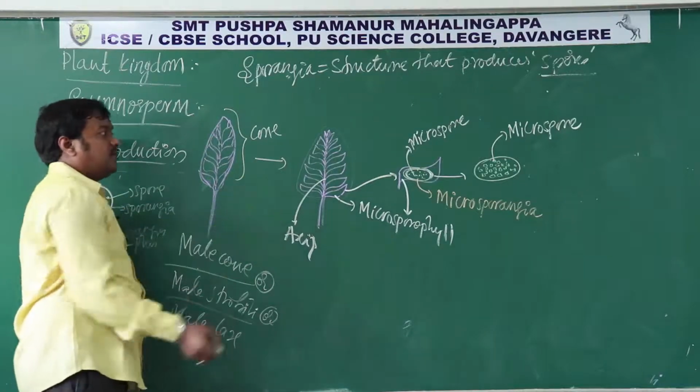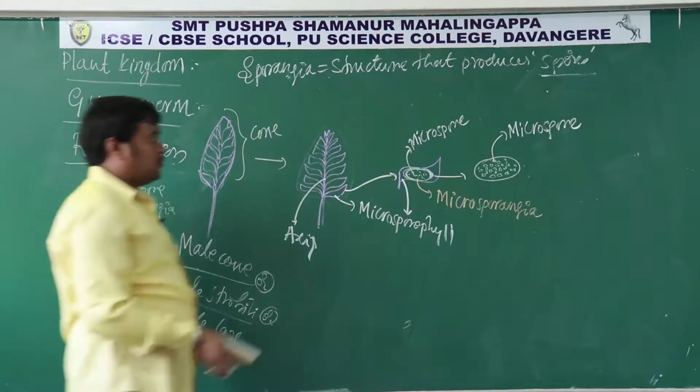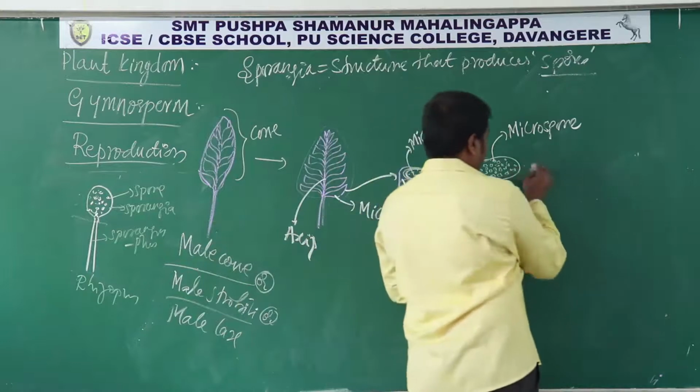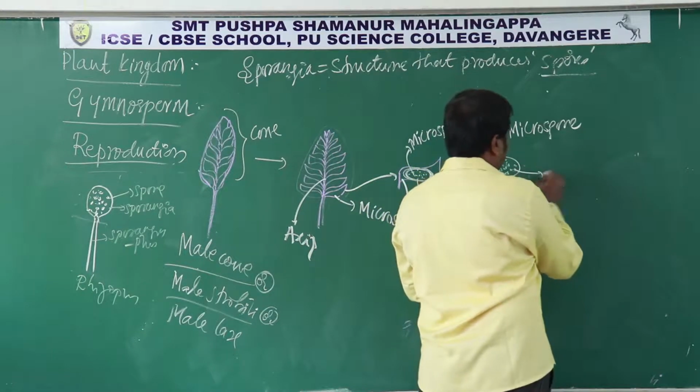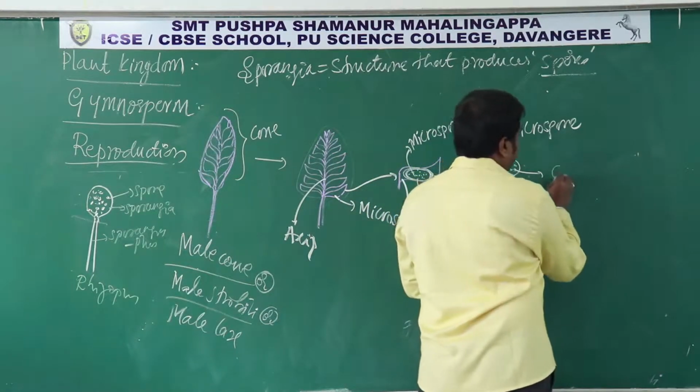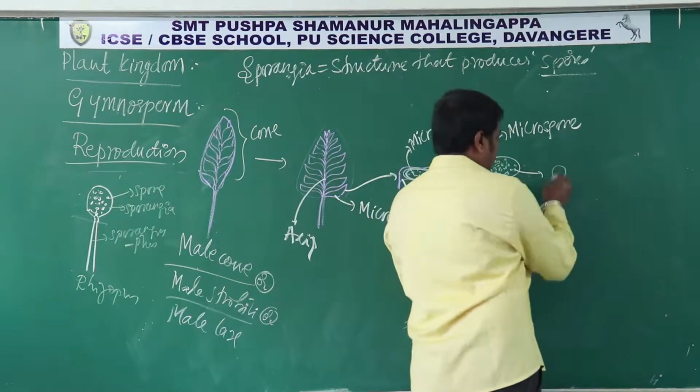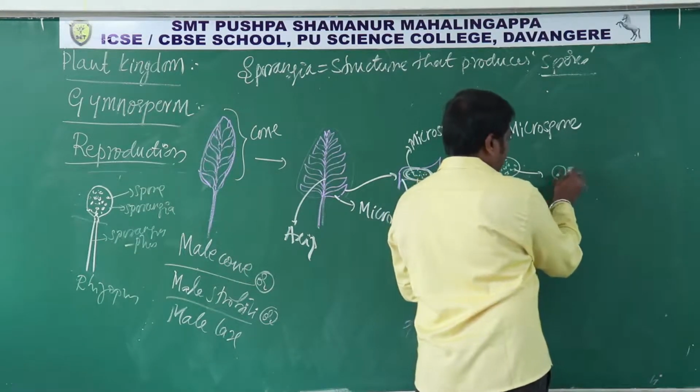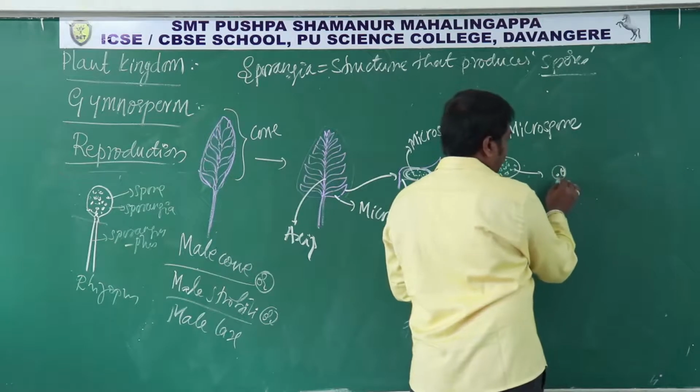The microsporophyll contains microsporangia that produce microspores. This microspore, if you take an individual microspore, consists of a two-celled structure in the later stage.